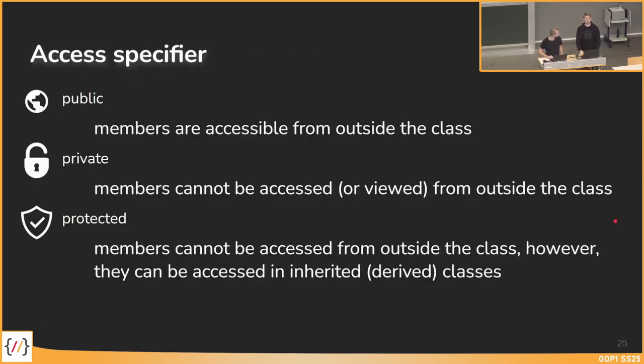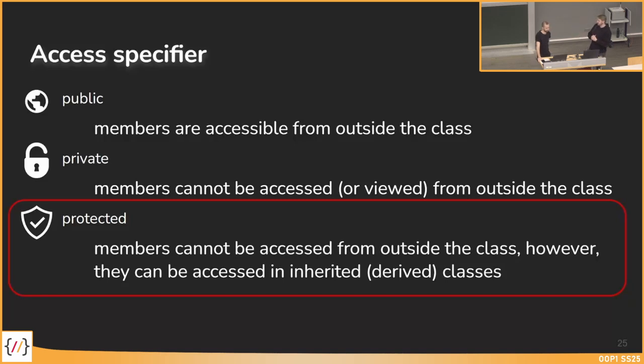And to recall from last week, we now have three different access specifiers. We have public, which means that the members are accessible from outside the class. So if we have a class with some public members, we can access them, for instance, in the main function. But most of the time we don't want that.